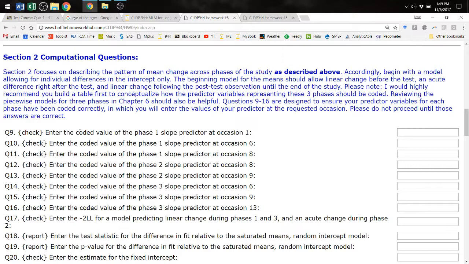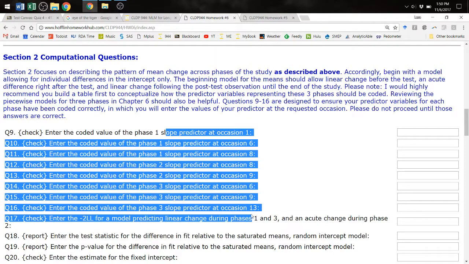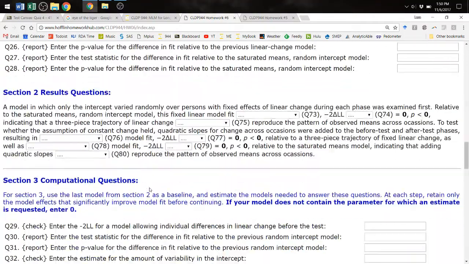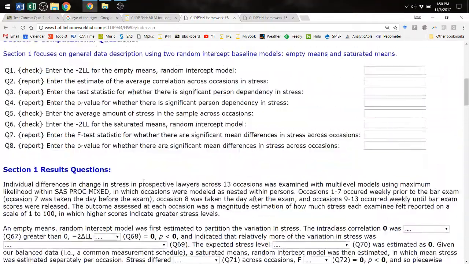So for instance here, question 9, enter the coded value of the phase 1 slope if occasion is 1. So when you write your statements to create the piecewise slopes, I'm asking you what the value for equation 1 should be for the first slope. That's just to make sure that you've got your model set up correctly. So don't go further unless you get these questions right, because otherwise there's an error in your piecewise coding, and that will throw everything else off. So have fun.